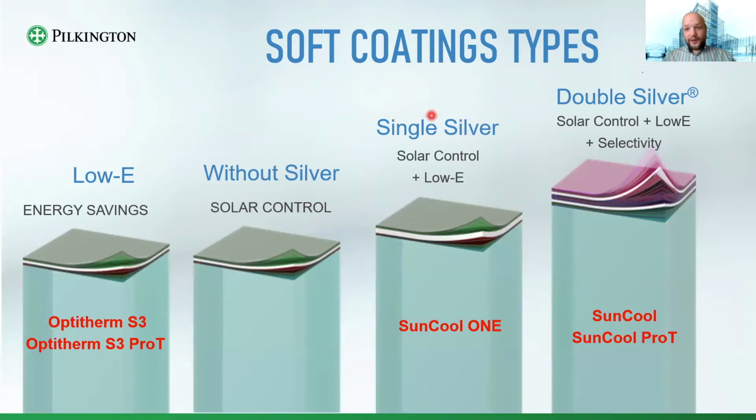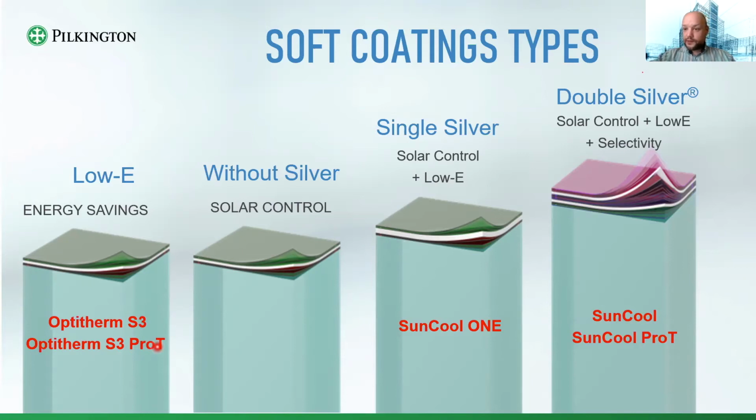If you want to divide soft coating types, the simplest of them is the low E or energy saving coatings. As we're talking about Pilkington products, it is OptiTherm and OptiTherm 3 Pro T. And there comes another thing. The pyrolytic coatings can be used annealed, they can be used tempered, and there are no different types of them.